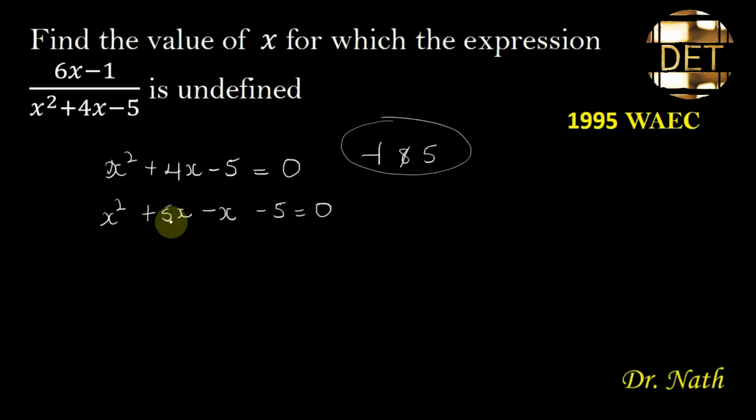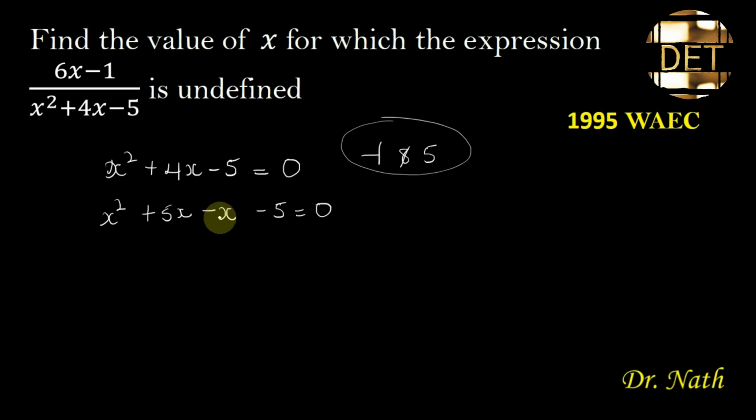If I add 5x and minus x, it gives me 4x back. So this expression and the previous one are the same. What I've just done is apply the factorization method of solving a quadratic equation.